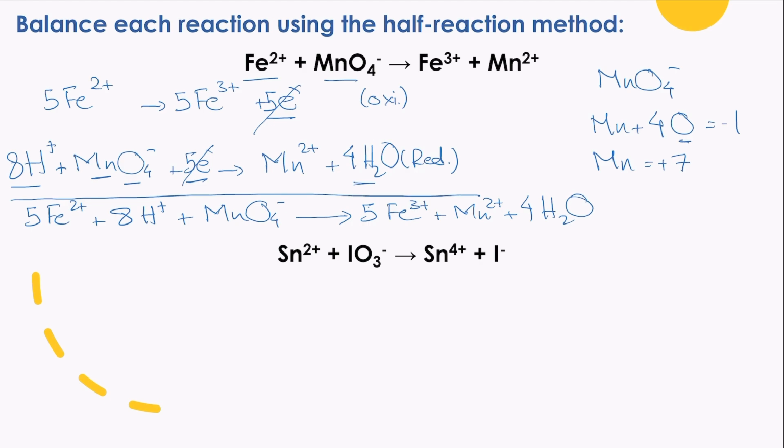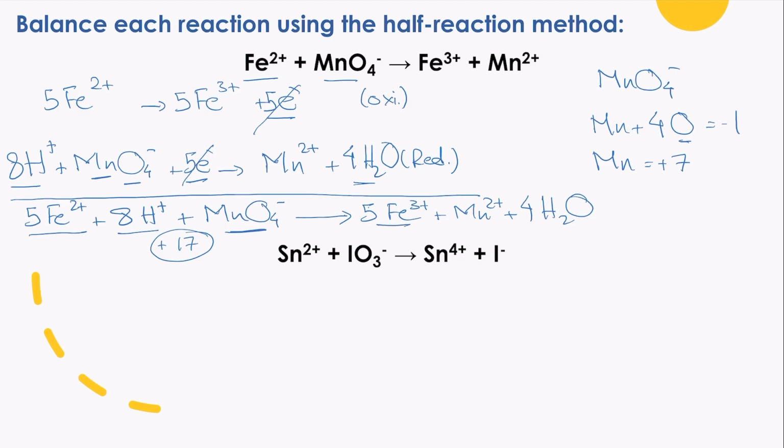The interesting thing that we can do now is to check the charge. The charge of the reactants should be equal to the charge of the products. We have here 2 by 5, so we have +10. We have here +8, so we have +18, -1, so we have +17 in the reactants.